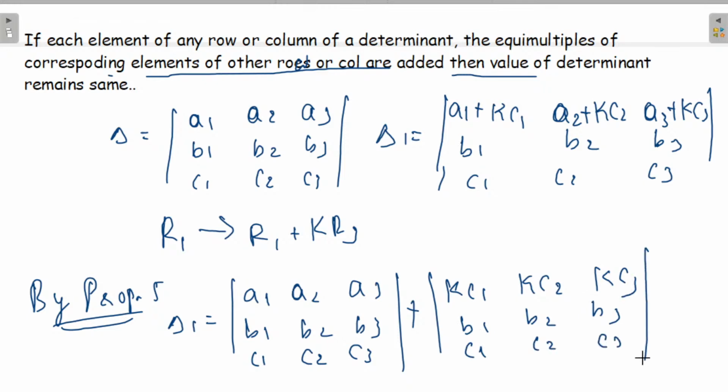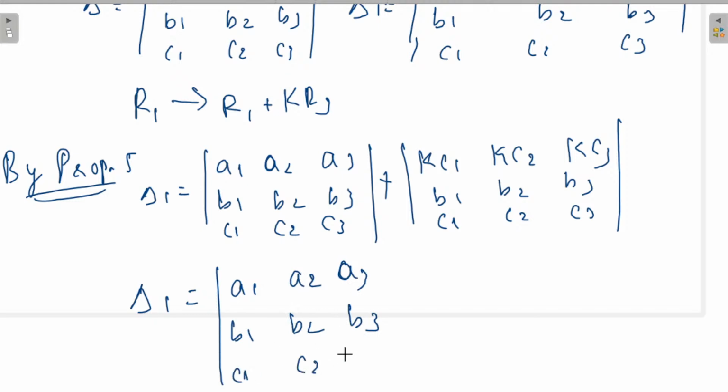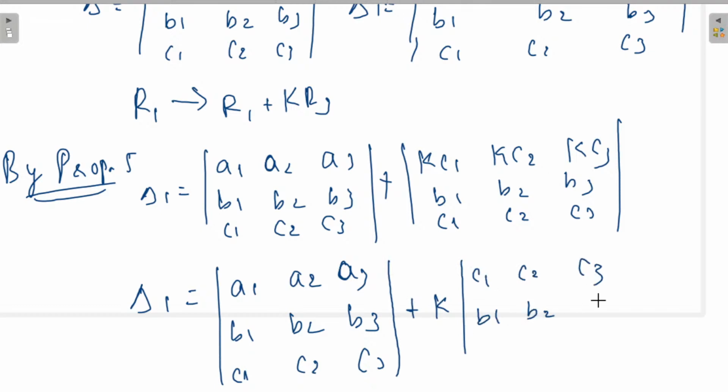Now here I can take k as constant. Taking k outside, we get k times the determinant c1, c2, c3, b1, b2, b3, again c1, c2, c3.